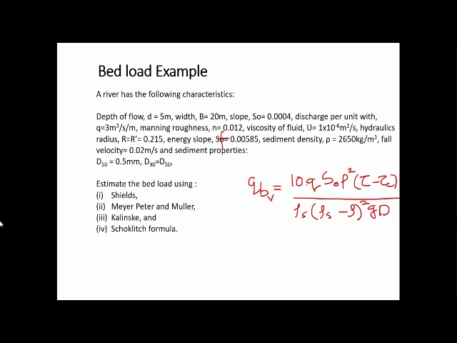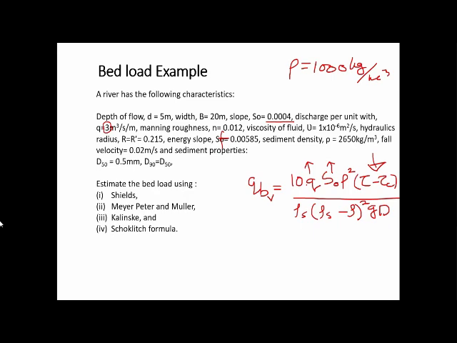So Shell uses the shear stress approach. What you need to do is, your Q is given here, 3, and your S naught is also given here, 0.0004. And rho is the density of the water, so the density of the water is 1,000 kilogram per cubic meter.